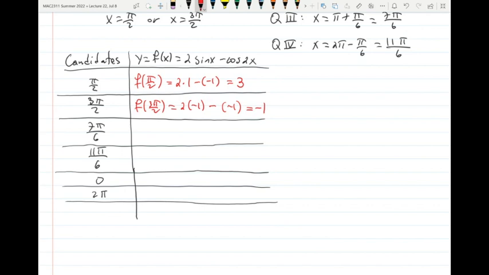All right, so 7 pi over 6. So it will be 2 times, remember, 7 pi over 6 was the value that gave us negative a half for sine. So times negative 1/2 minus cosine of 7 pi over 3. Let me compute that here. So cosine of 7 pi over 3.